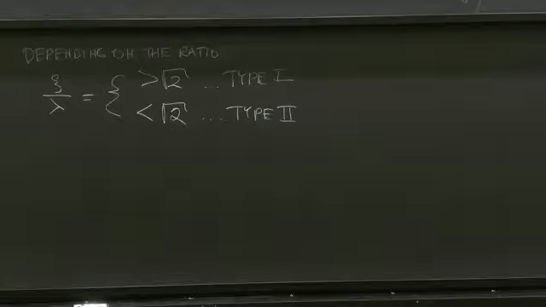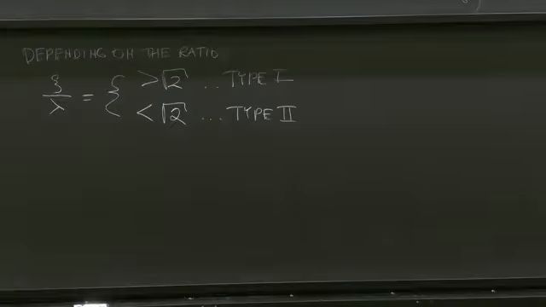Okay, so now what's happening with type 2, if you look at that, what are we saying? We are saying that psi is actually smaller than lambda. Okay, what does that mean? It means that the penetration length is bigger than the correlation length.